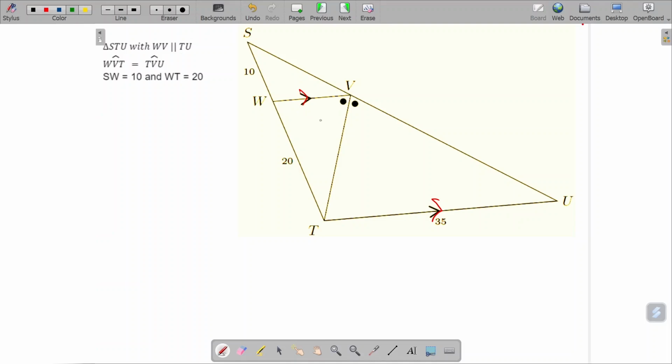So I can see here they've marked these little dots that these two angles are equal. I'm told that SW is 10 and WT is 20, and I'm being asked to find out the length of SV. How long is the line SV?